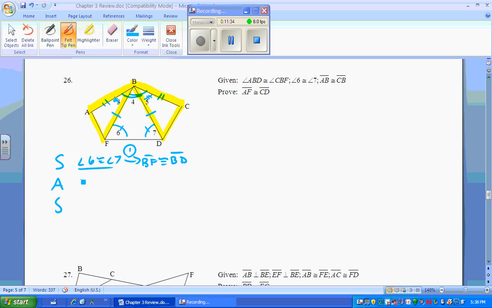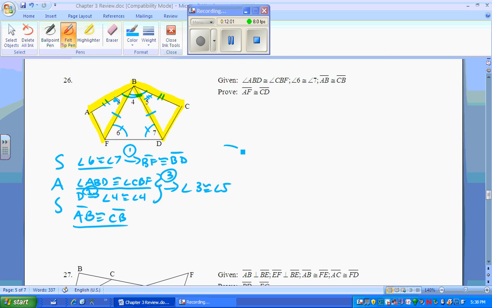The angle came from angle ABD being congruent to angle CBF. And then from the diagram, reason 2, angle 4 is congruent to angle 4, which then reason 3 gives me angle 3 congruent to angle 5. And the other side was given as AB being congruent to CB.